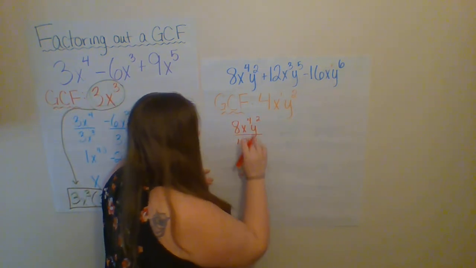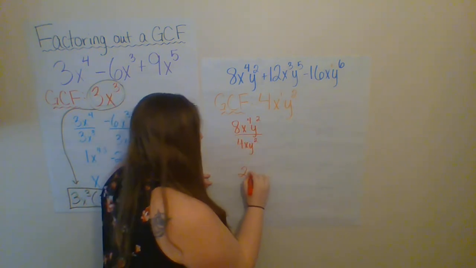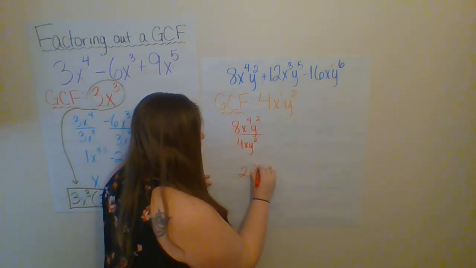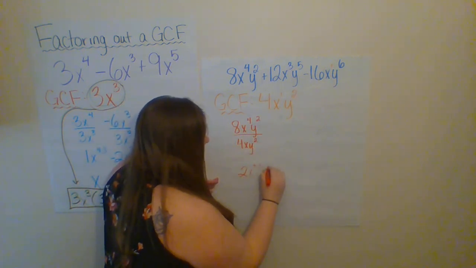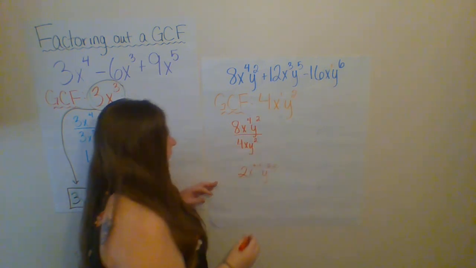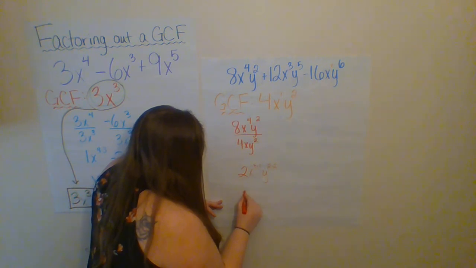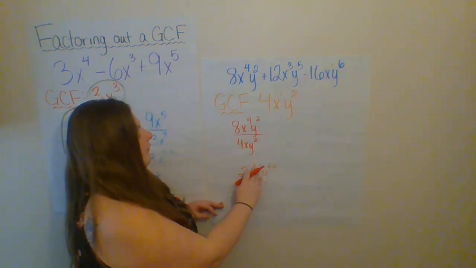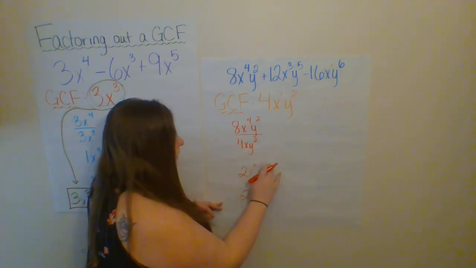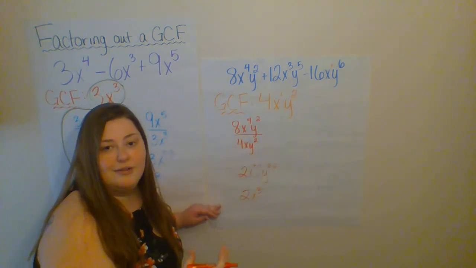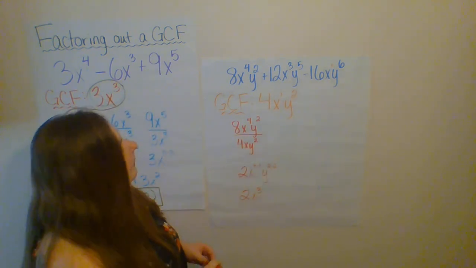So we have 2. X to the 4th over x becomes x to the 4 minus 1. And then y squared over y squared becomes y to the 2 minus 2. So our 2 we bring down. X to the 4 minus 1 becomes x to the 3rd. Y to the 2 minus 2 cancels out, so we don't have any y's left there.